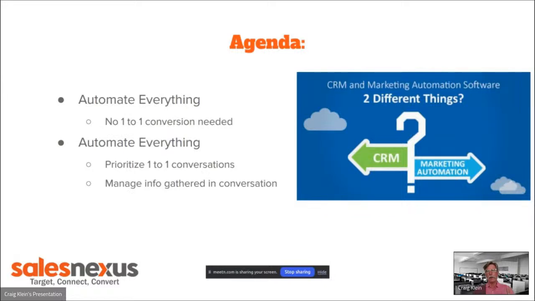And of course, that's where you need the marketing automation and the CRM and kind of the task management for your sales team and notes and all of that. So if you fall into one of those two categories, then you're in the right place. We're going to show you how to do that today.